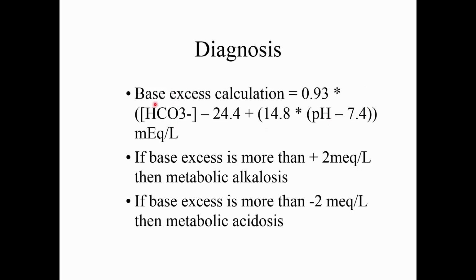So there might be reasons to calculate this at the bedside. If base excess is more than 2 milliequivalents per liter, then that person has metabolic alkalosis. If the negative base excess is more than minus 2 milliequivalents per liter, then you have metabolic acidosis.